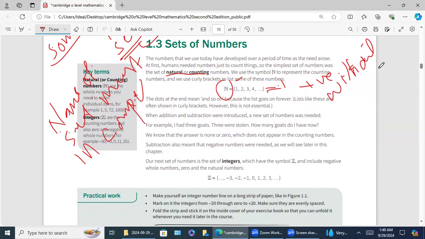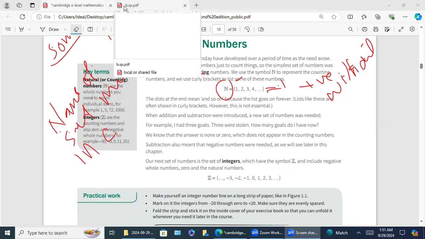Capital letter. So, dear student, we have to first of all understand some important points about the number set.